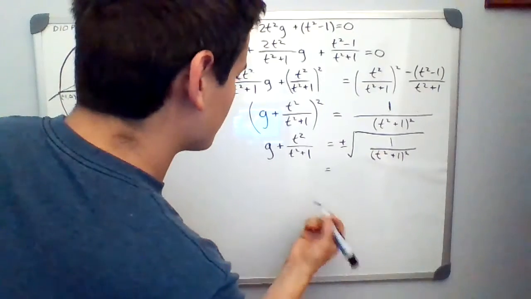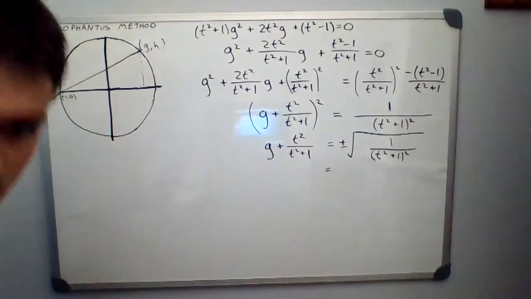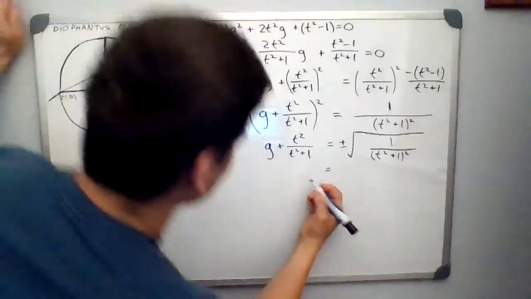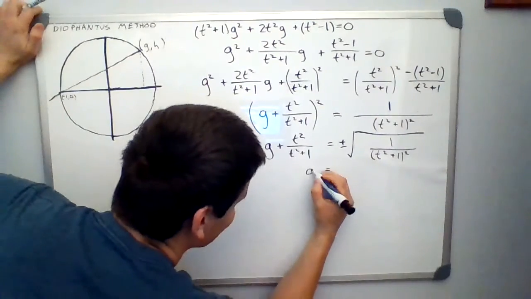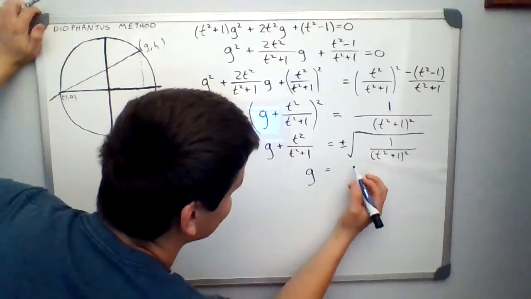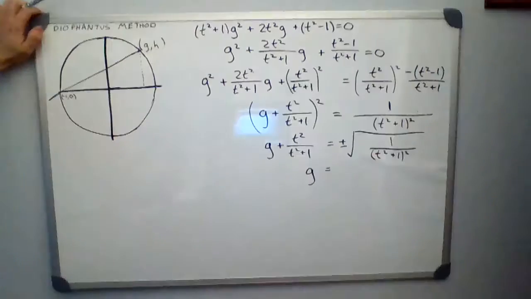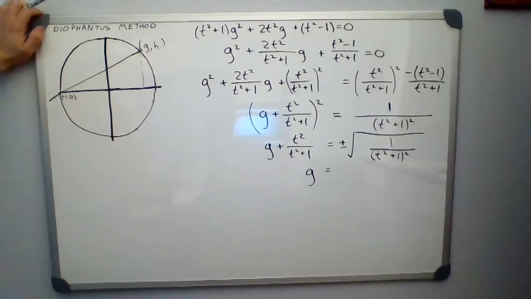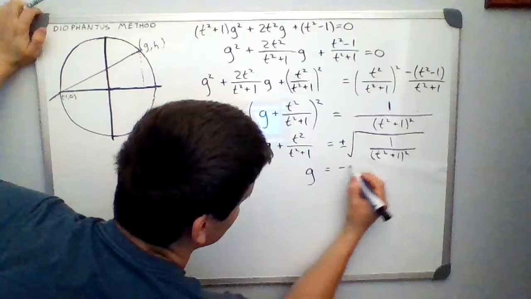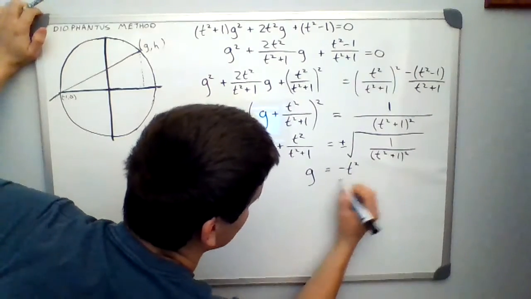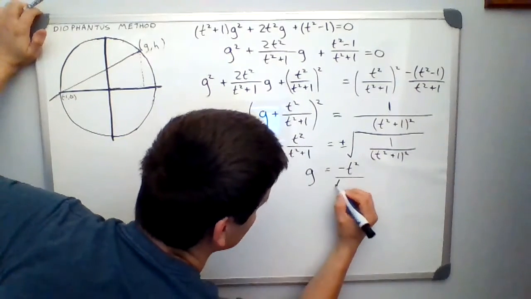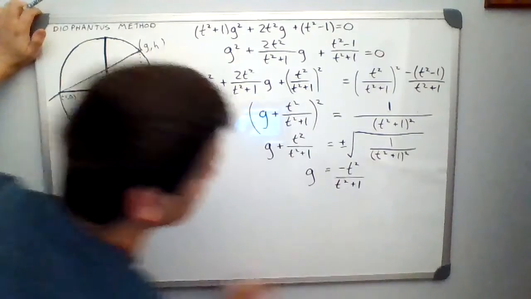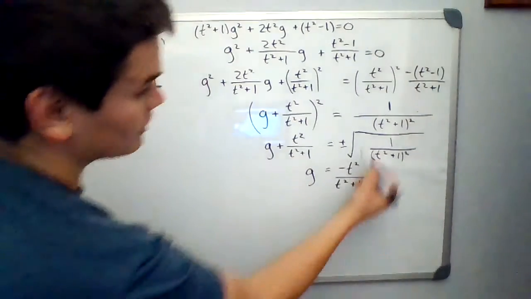So now I've pretty much got the answer. So g is equal to negative t squared over t squared plus 1, plus and minus the square root of that.